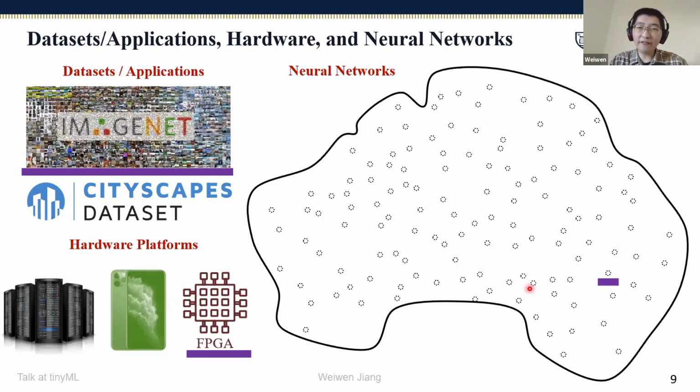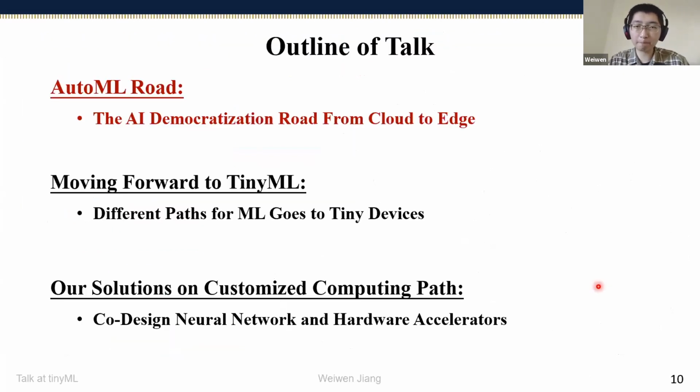We need to identify a neural network in such a space, and the objective is to maximize both the software and hardware efficiency to achieve high performance.